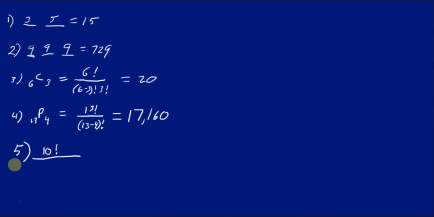So I've got the letter O that repeats 2 times, so I need to divide by 2 factorial. I've got the letter K that repeats 2 times, so I've got to divide out that 2 factorial. And I have 3 E's, so I need to divide out a 3 factorial. And that will give me a possibility of 151,200.